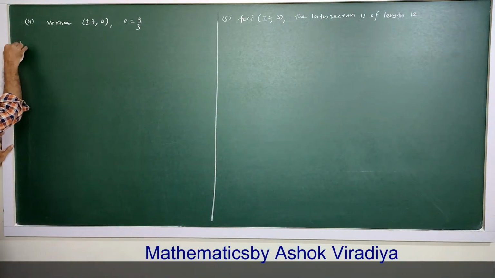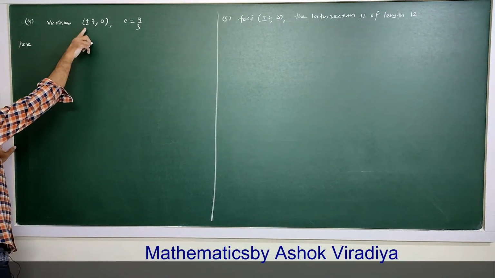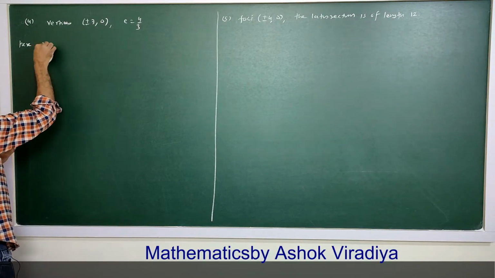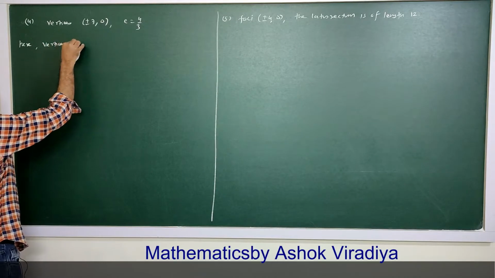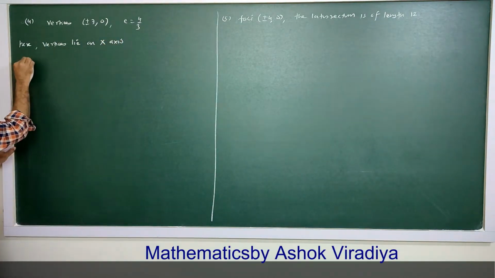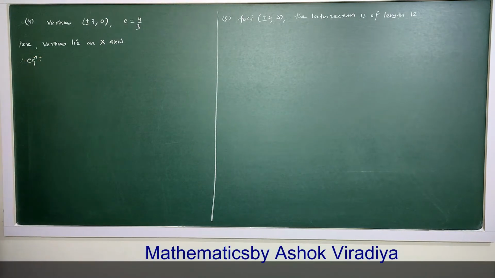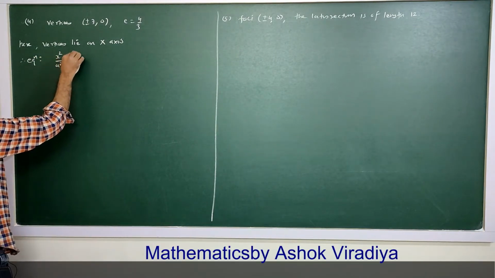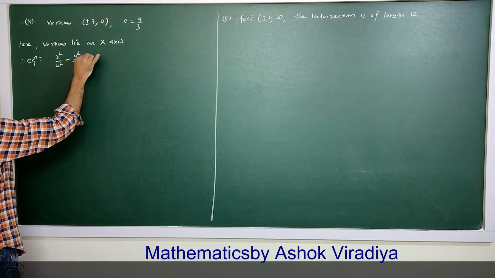Here vertices lie on the x-axis, so its equation will be x square upon a square minus y square upon b square is 1.